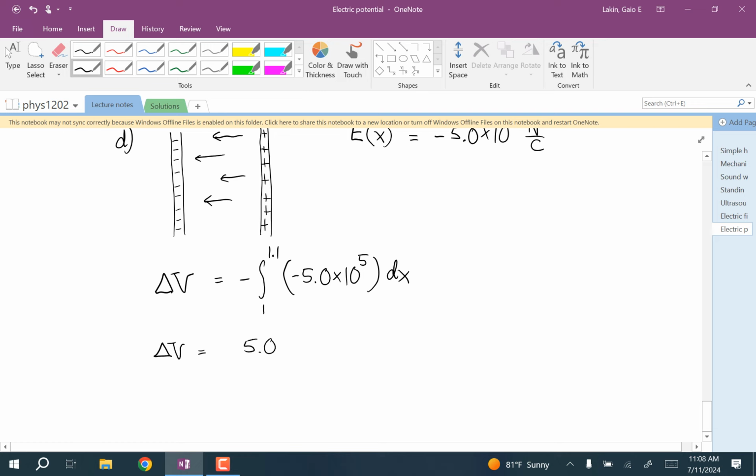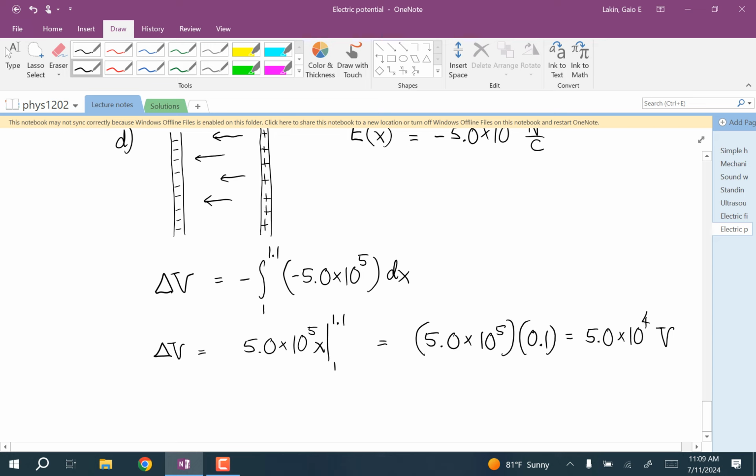We get 5.0 times 10 to the 5th, evaluated from 1 to 1.1. And that gives you 5.0. Whoops, I didn't put the x in here. You get that x from integrating. So 5.0 times 10 to the 5th times 1.1 minus 1, which is just 0.1. And so you get positive 5.0 times 10 to the 4th volts.